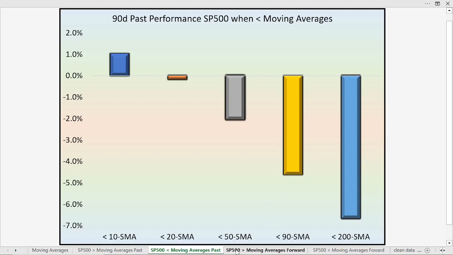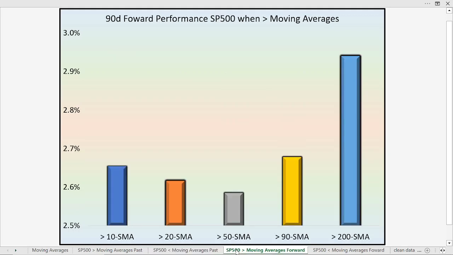Well, that's very good and well, but how can we use this moving forward? Well, if we look at the following chart, we say, okay, if the S&P 500 is above the 10 SMA, over the past 9 years, the data suggests that over the next 90 days, on average, we expect the S&P 500 to go up around 2.7%.